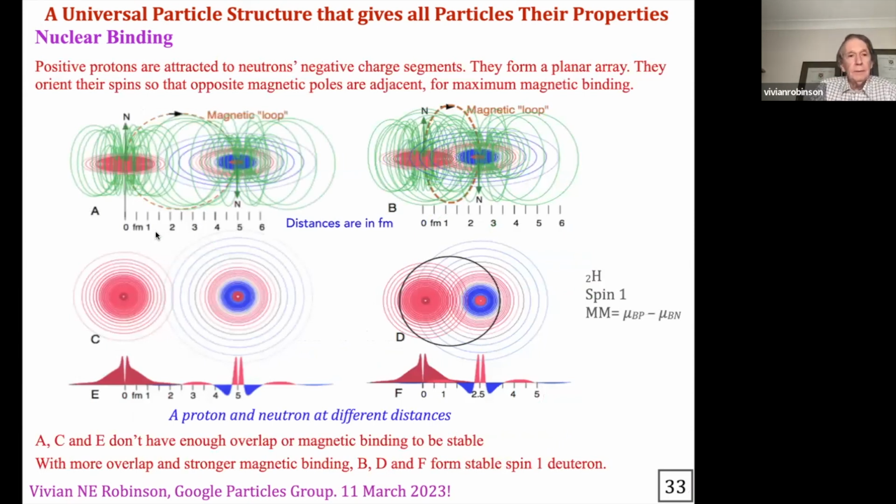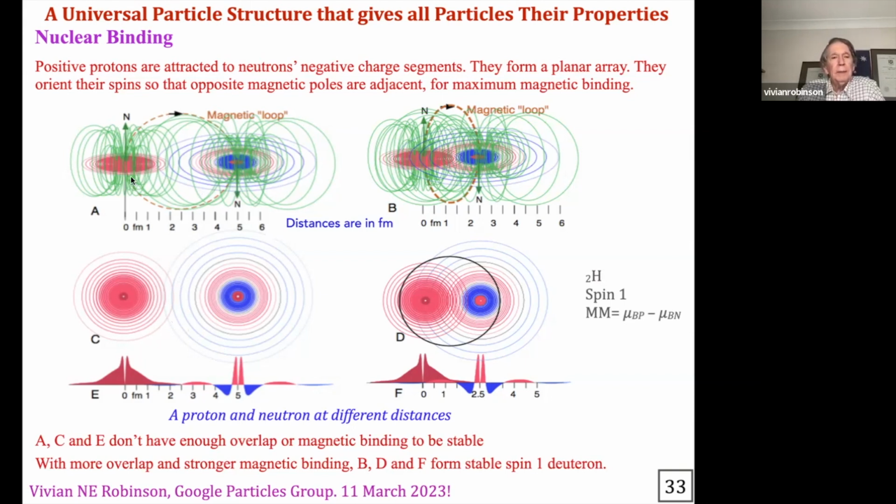Here we've got two situations, one of 5 FM spacing and one of 2.5 FM. The first thing to note is that because charge is generated in a plane, they will align themselves in a planar array. Here at 5 FM, you'll see there's just a tiny bit of overlap of the neutron n/27 with the proton p/9.